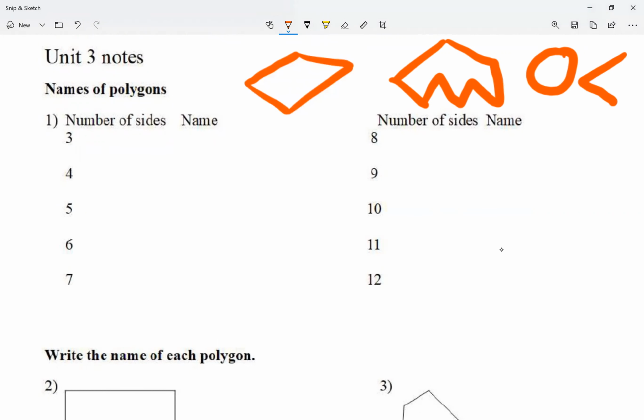Okay, so the smallest amount of sides a polygon can have is 3 sides. All right, if I think of a polygon with 3 sides, see 1, 2, 3 sides, we're gonna call this triangle. So let me write this triangle. Any polygon with 3 sides, we're gonna call it triangle. Now, any polygon with 4 sides, right?